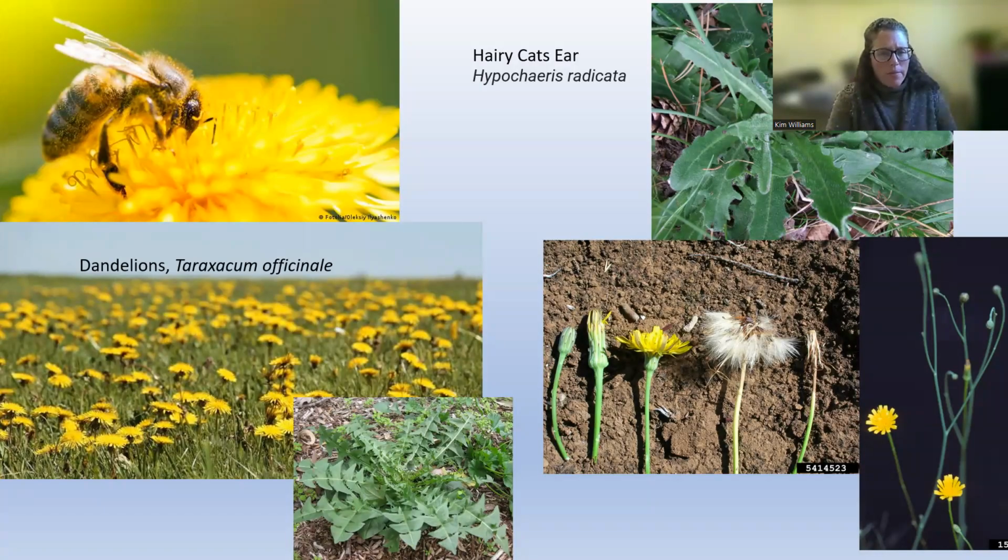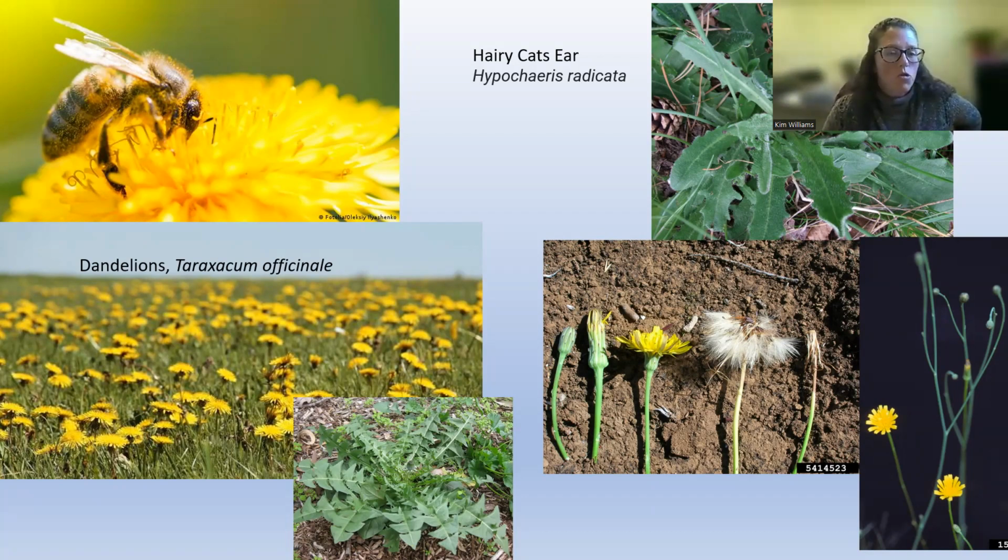And I want to talk a little bit about pasture weeds. So hairy cat's ear on the top right looks a lot like dandelion, which is Taraxacum officinale. So dandelion is not really a weed.